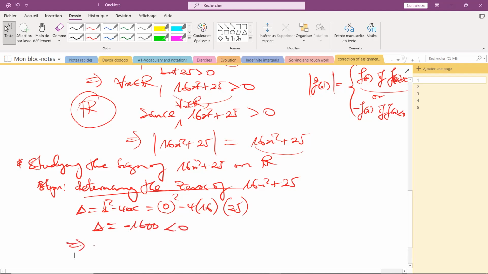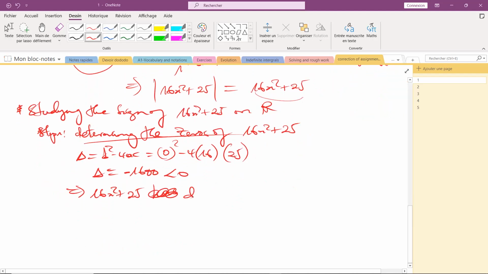It implies 16x squared plus 25 does not have real roots. Is that okay? It doesn't have real roots.